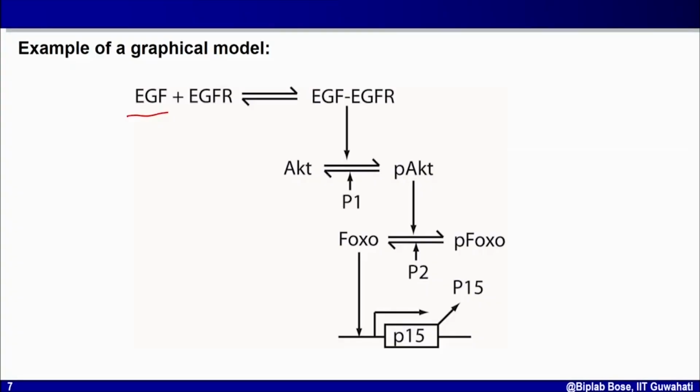And EGF, that is epidermal growth factor, just does that. So here I have made a graphical model of that process. What is happening? The first step is EGF binding to EGFR, the receptor, and they make a complex called the EGF-EGFR complex, and obviously it is a binding process, so it is a reversible one.